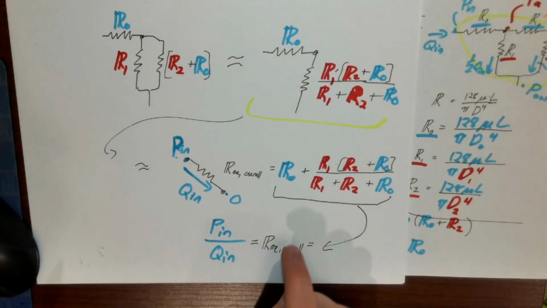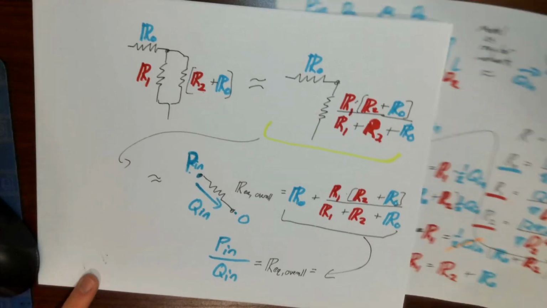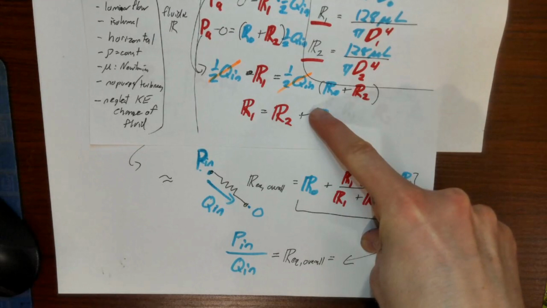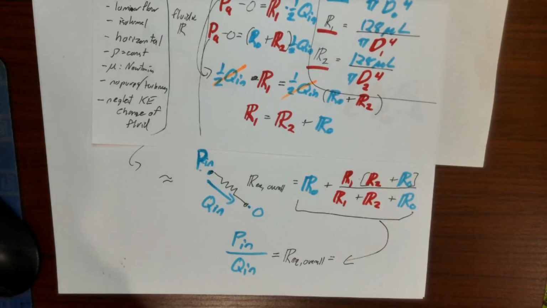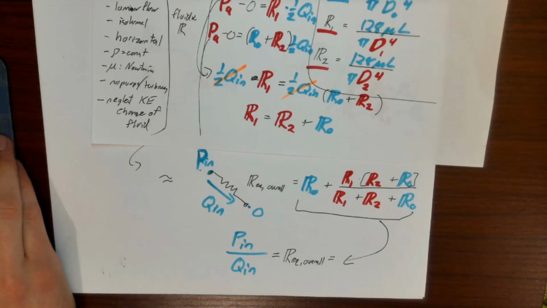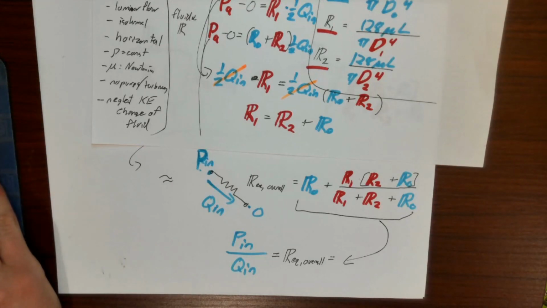So what does this mean? We now have one equation here and another equation here. So we have two equations and two unknowns, so we can solve that algebraically.